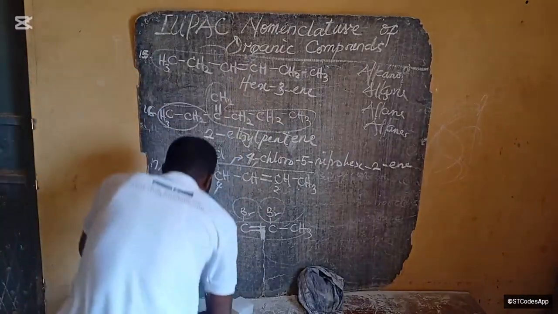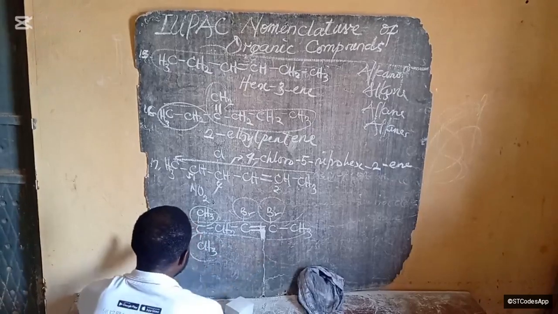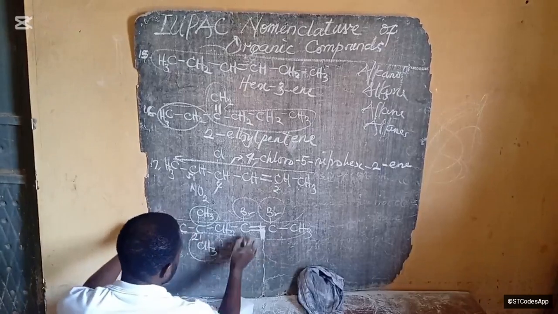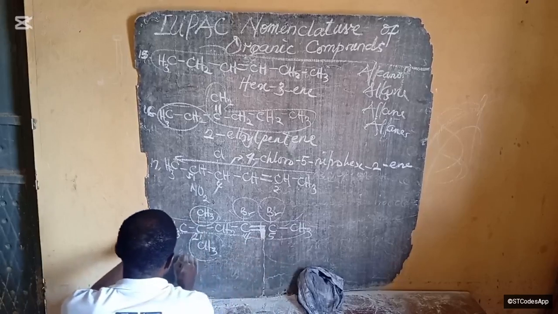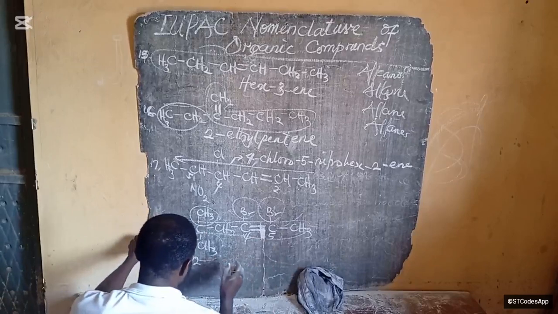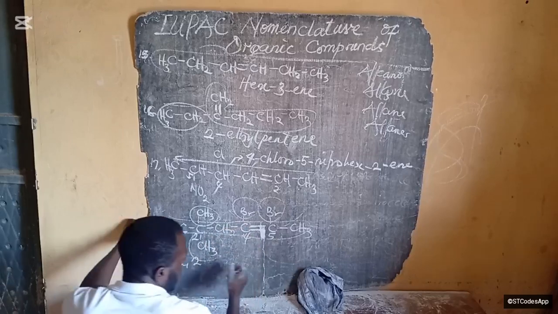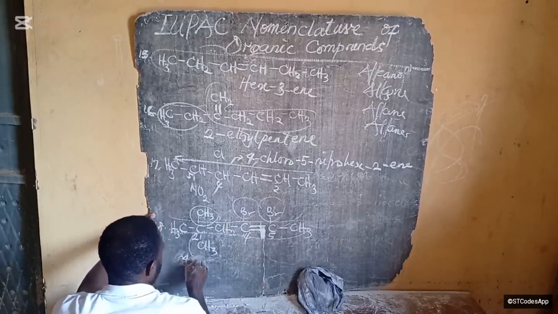It's best we go in this direction because most of the substituents are on this side. So we have 2, 2. So they are on carbon 2, carbon 3, 4, carbon 5. So we have 2,2-dimethyl. Is that okay? But there's also bromo. Bromo comes before methyl in alphabetical order.